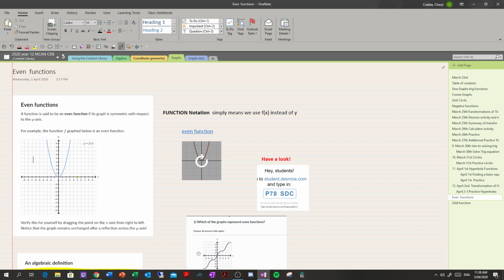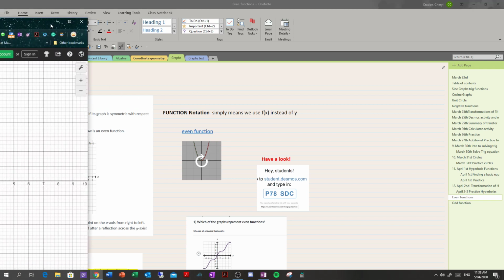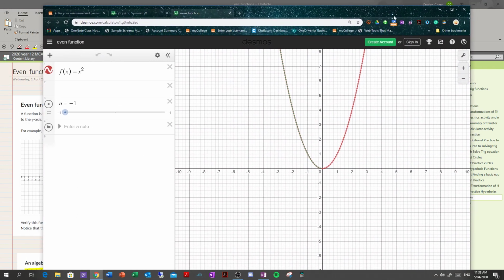I'll just bring up Desmos. This is the link that's in there. So when you go to do this page, and when we do this together, we might just have a look at this. So here's just a quadratic graph, and I'll play it real slow for you. But if we flip this quadratic graph around the y-axis, right?